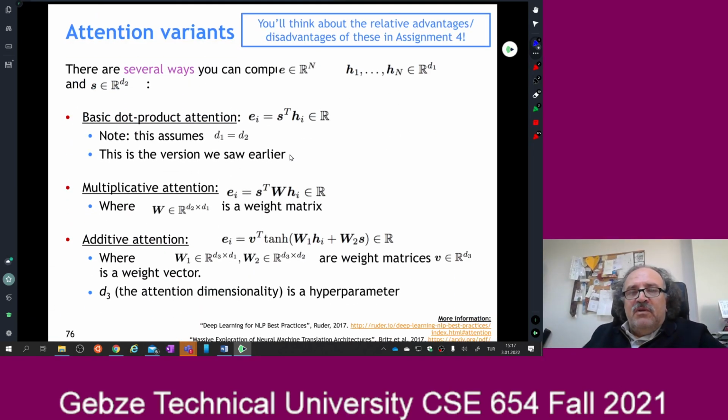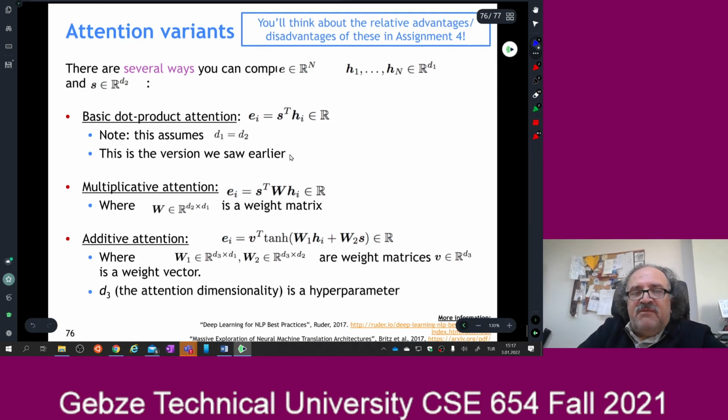introduce weights. This is the attention that I showed you. This one, the multiplicative attention, says that if you are going to compare this internal state with my inputs, there should be a matrix product between them, a weight matrix. And you are supposed to learn this weight matrix.